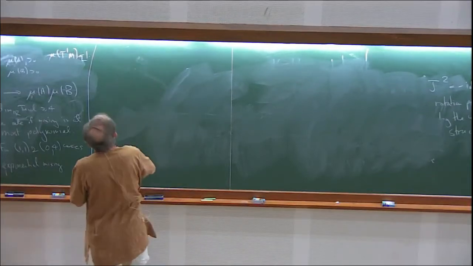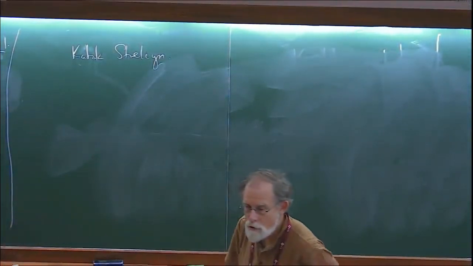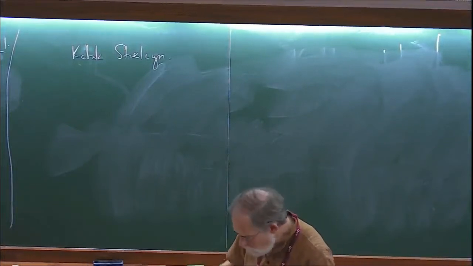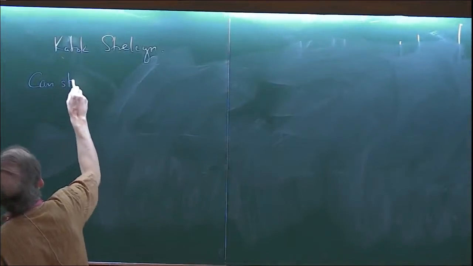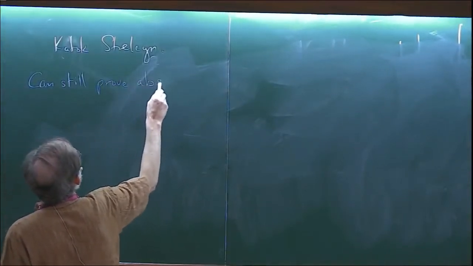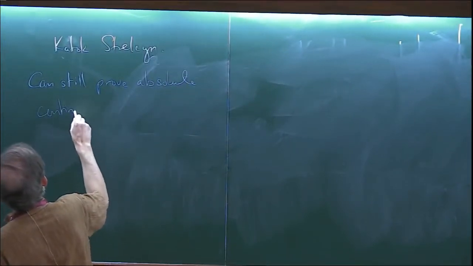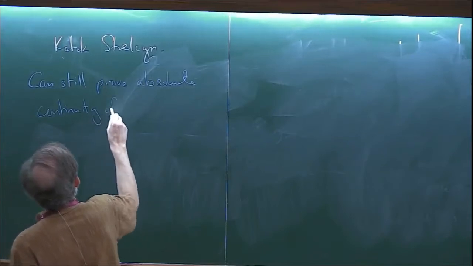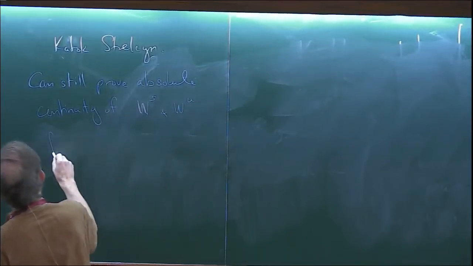So there is a book by Katok and Strelcyn, and the nature of the result in the book is that you can still prove absolute continuity of the stable and unstable foliations.